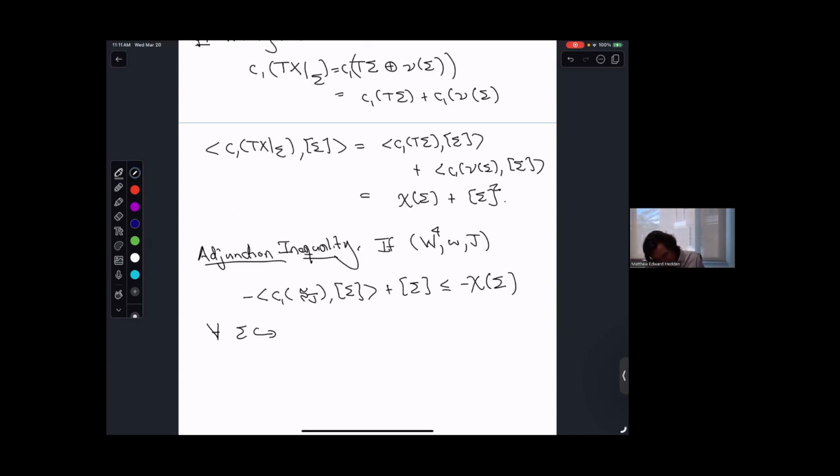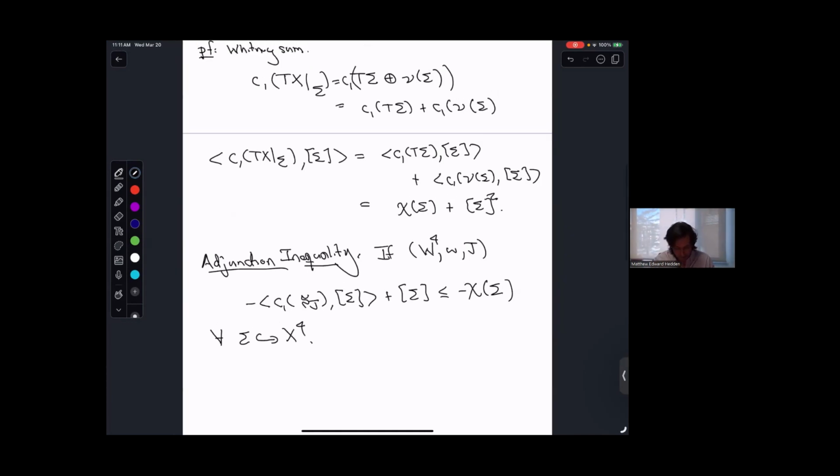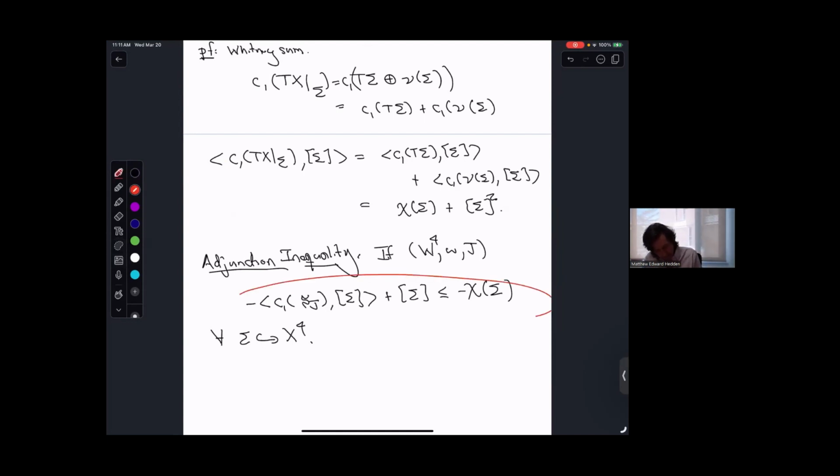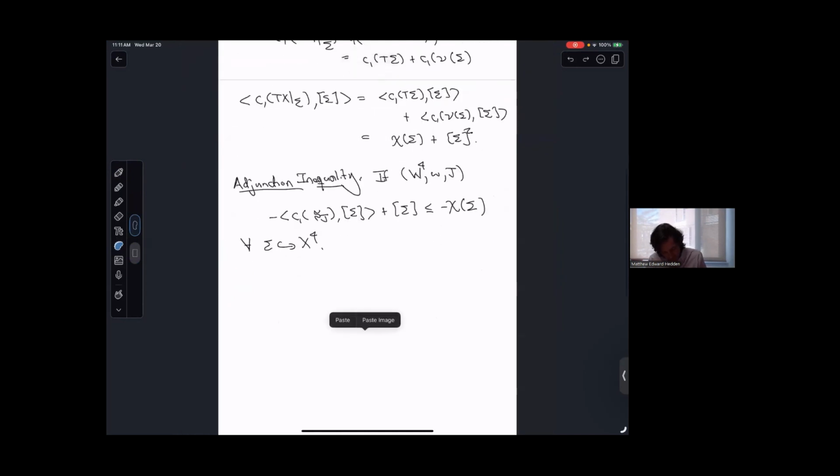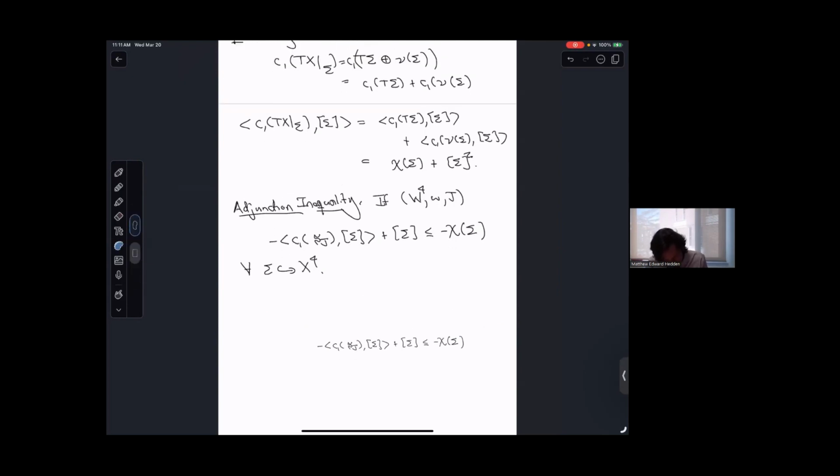For any smoothly embedded surface in W. Okay, and then combining these two together, and the adjunction inequality, this could be any smoothly embedded surface, so maybe I'll put a prime there.